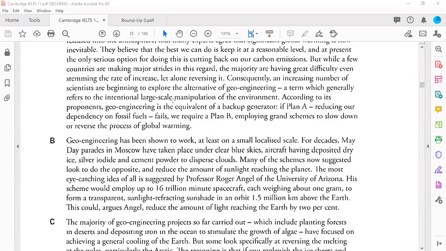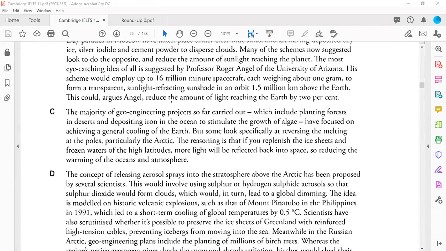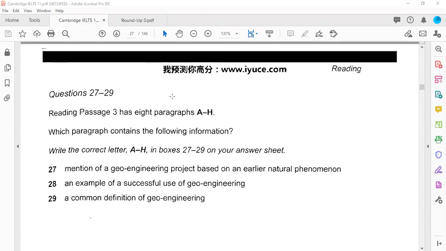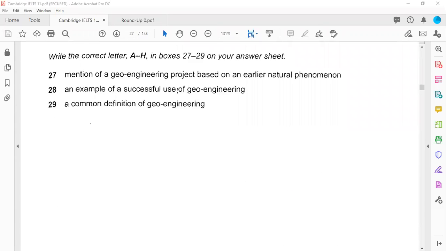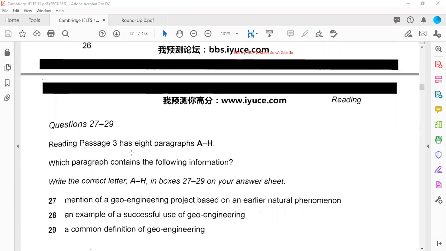Let's start with this just for fun. All they want from you is, there's 8 paragraphs, and they want you to tell them where in the passage they mention the geoengineering project, where they mention successful use, a common definition.